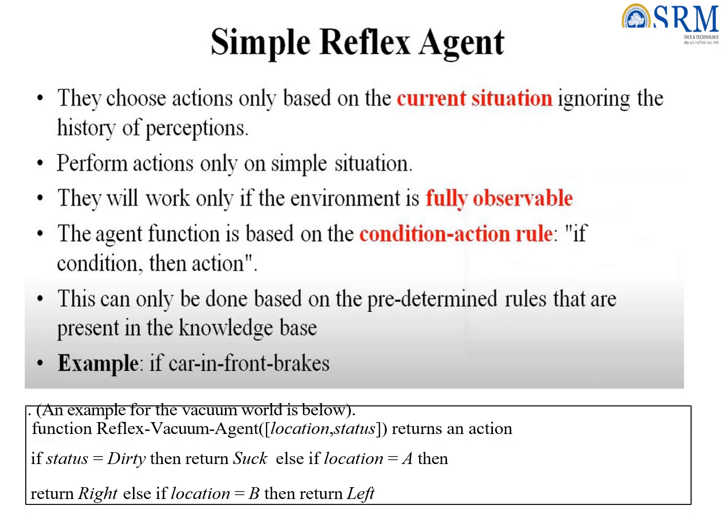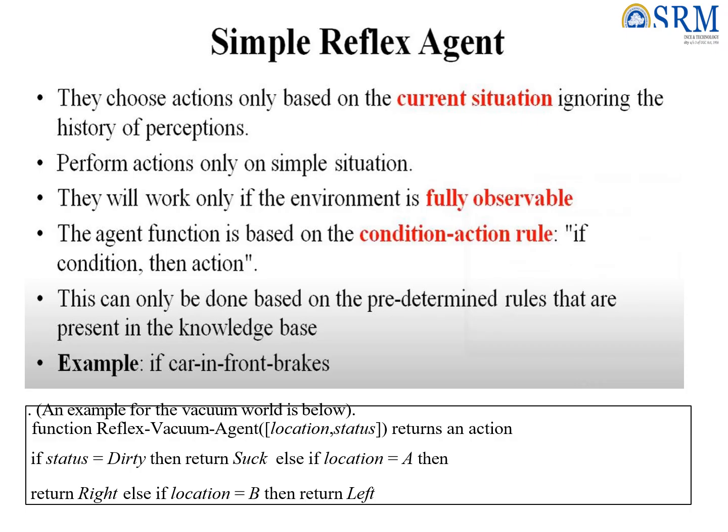It performs actions only in simple situations where the environment is fully observable. This type of agent function can be represented with conditional action rules: if condition then action.